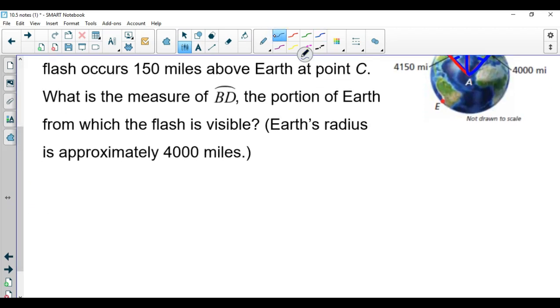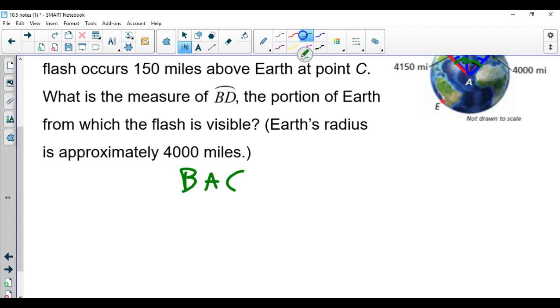This angle right here and this angle right here are going to be equal, because we just talked about them being congruent triangles. So we can find BAC and double it, and we'll be able to find the measure of the arc, because we'll have a central angle.